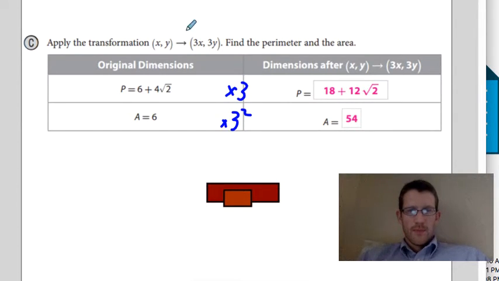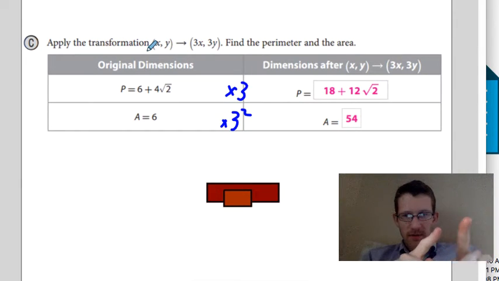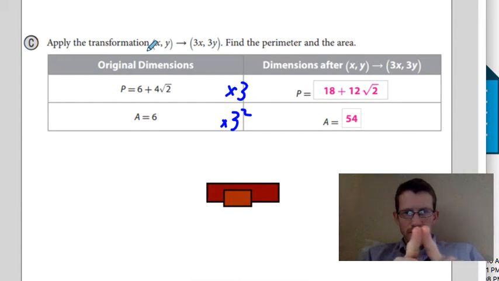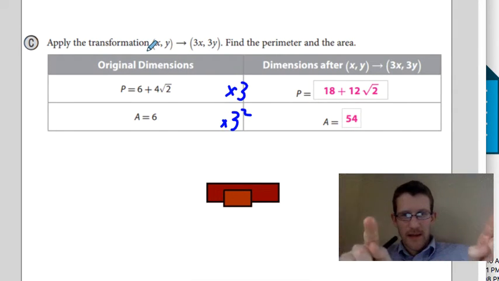One of the reasons why I like to explain this is because we're in a different dimension now. Perimeter is a single dimension, right? It's just length. Yeah, it's a 2D shape, but the perimeter is the sum of one-dimensional things, right, that have simply length.